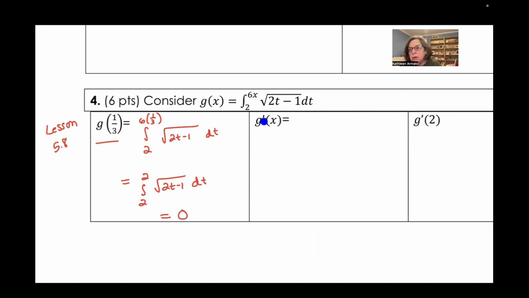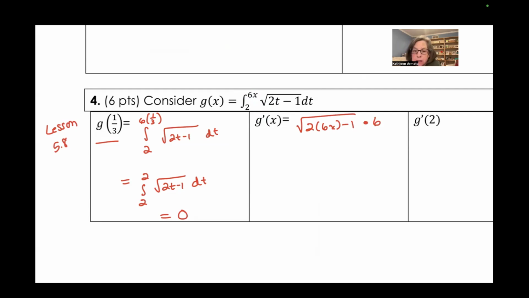So the integration and the differentiating are undoing each other. However, plugging in 6x is kind of like chain rule. So I'm going to plug in 6x for t, but I have to multiply by the derivative of my inside function, which is the 6x. Now the denominator is 2.